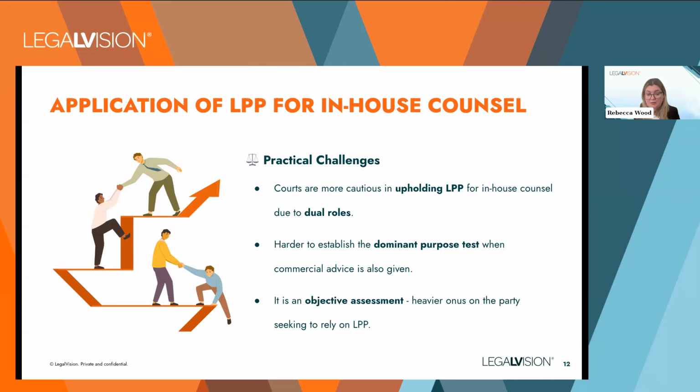So as many of you in-house legal counsel, you're essentially working for your employer. Courts have tended to be very cautious in upholding claims for legal professional privilege, and it can sometimes be a bit more difficult for in-house counsel to satisfy and establish the dominant purpose test if they've got a number of duties and also give commercial advice at the same time as perhaps delivering legal advice.